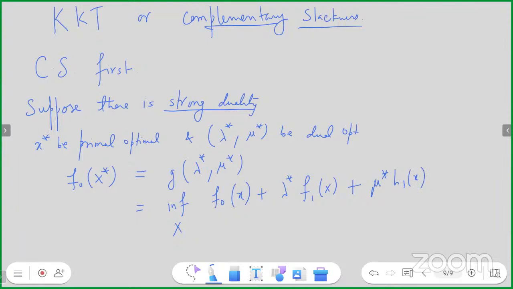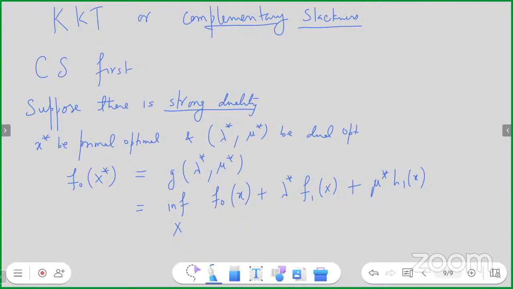Now, what is this quantity with respect to X star? If I were to plug X star in here, what will happen? X star, remember, is primal optimal. That also means it is feasible. So this quantity is less than or equal to 0.